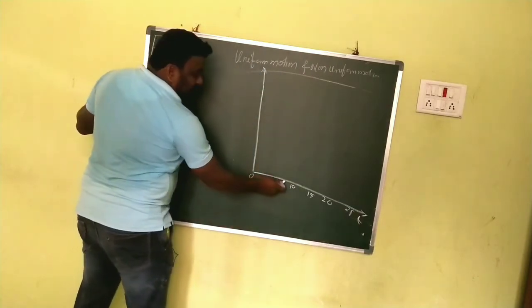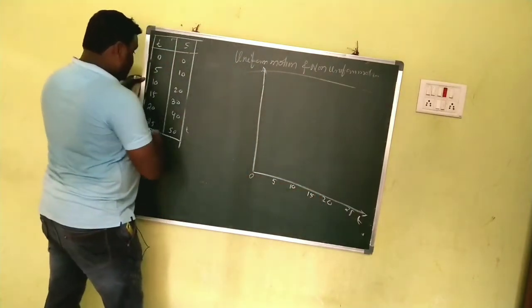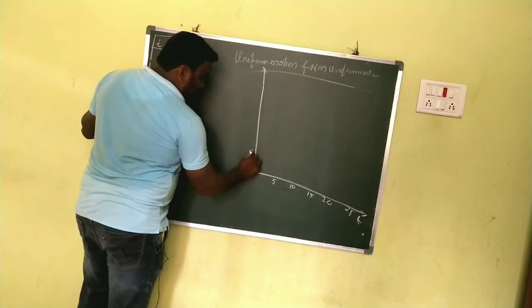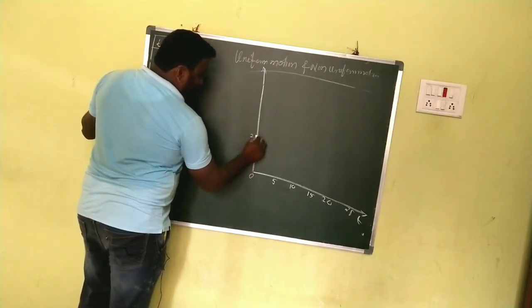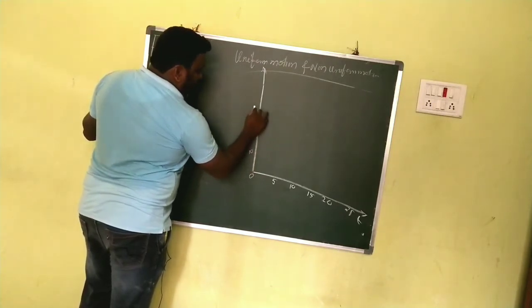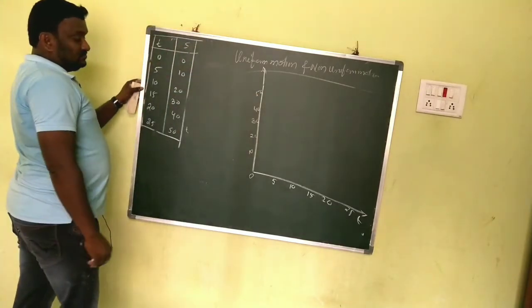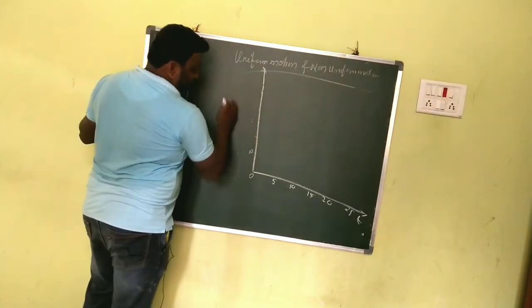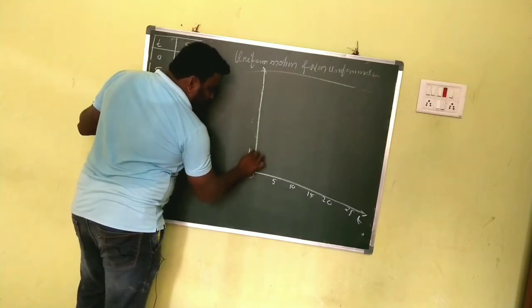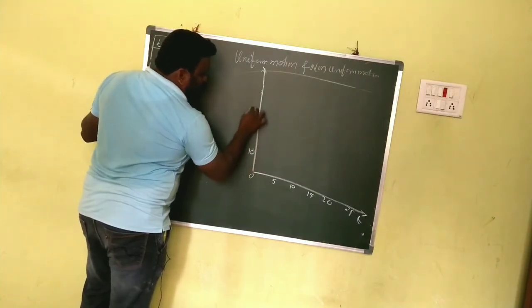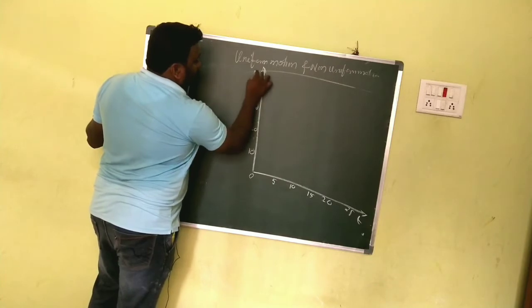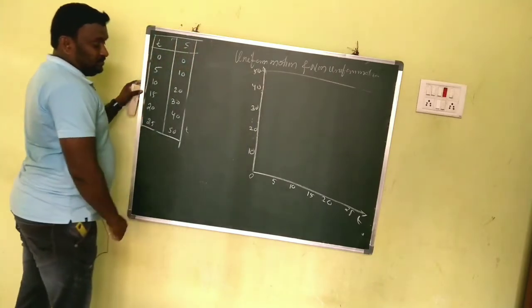You have to make them in equal spaces. Next, on the y-axis, 10, 20, 30, 40 and 50. You can draw it very clear also, to get it clearly visible.